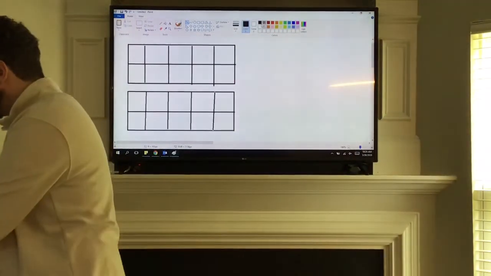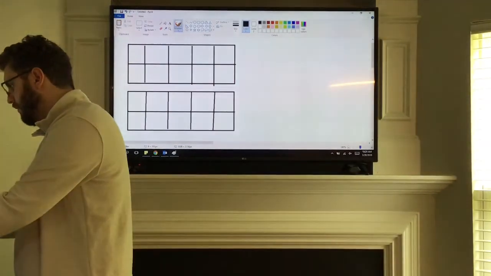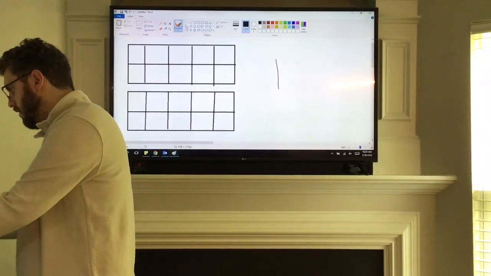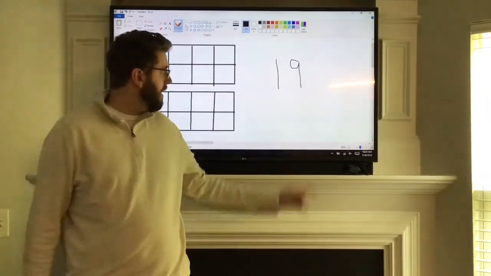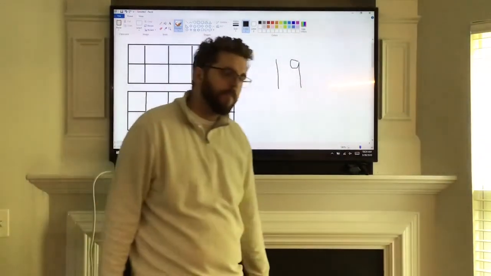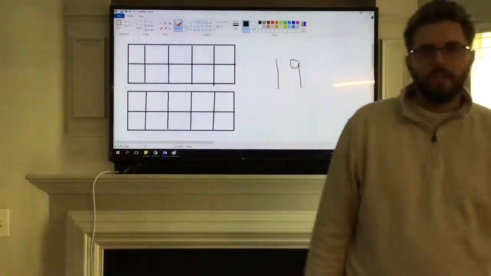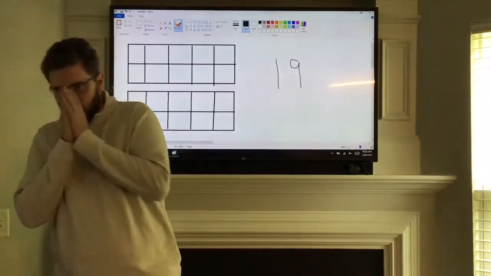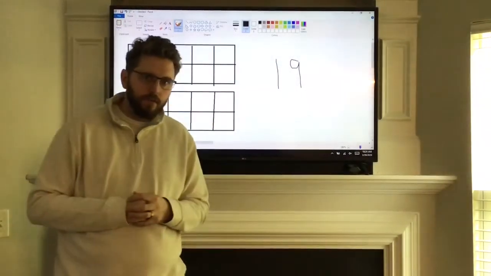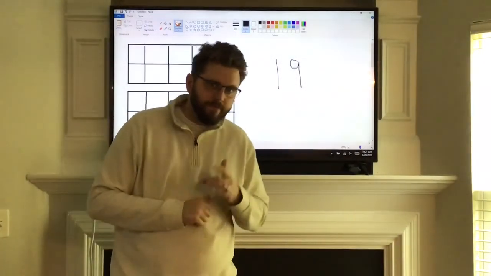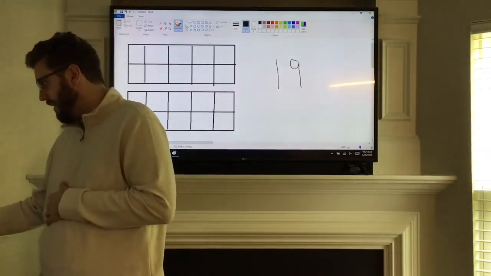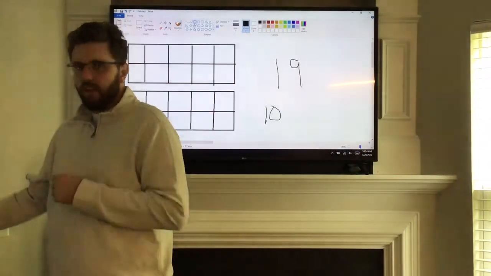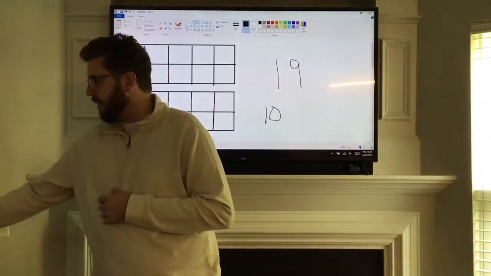Who can tell me what this number is right here? 19. Very good. Now, remember, what's our first part? 10. That's right. So I'm going to write 10, and then fill in my 10 frame. Very good.